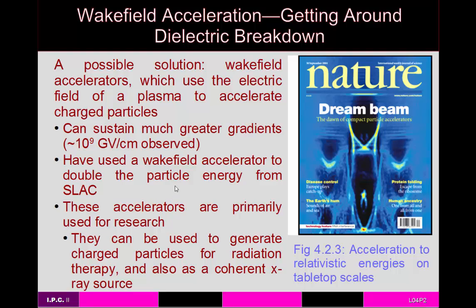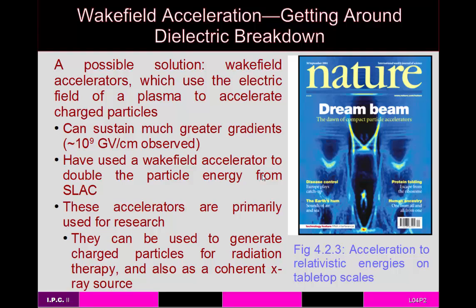And you can then inject other charged particles into this, or as the case often is, you get self-injection. And these injected particles get accelerated by the field of these waves in a very similar manner actually to a surfer getting accelerated by a wave at the ocean.